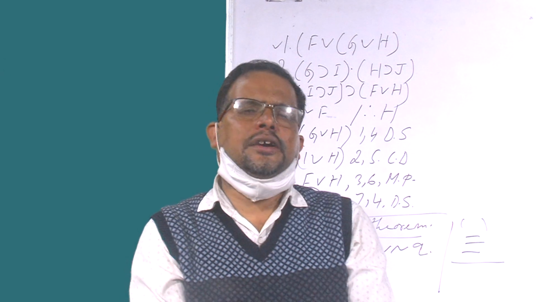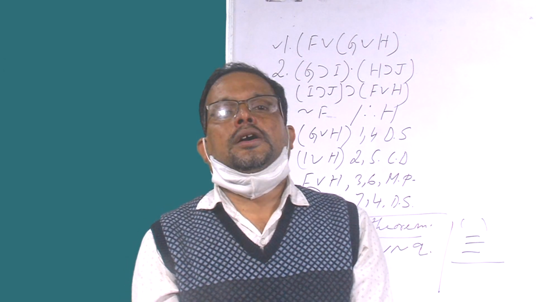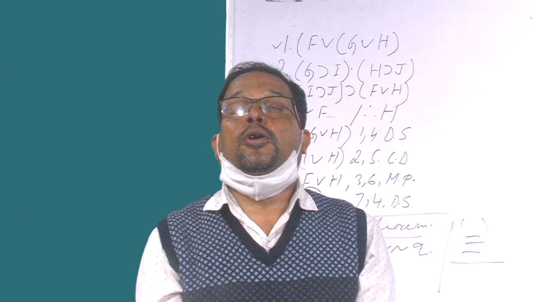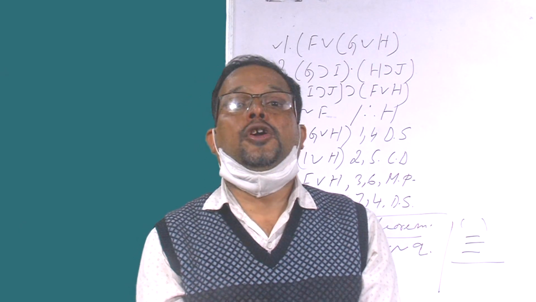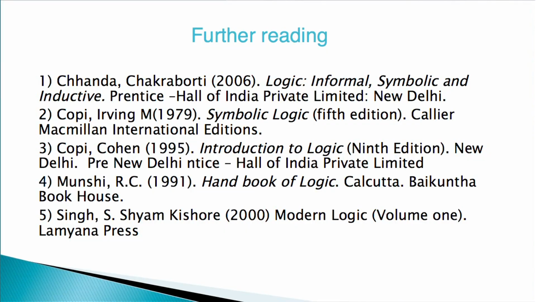Dear learners, in order to know the concept of formal proof of validity in a comprehensive way, you have to study the following books. These books are Logic Informal, written by Sanda Chakraborty, and Irving Copi's Symbolic Logic, and Cohen and Copi's Introduction to Logic, and Handbook of Logic, written by R.C. Munshi.